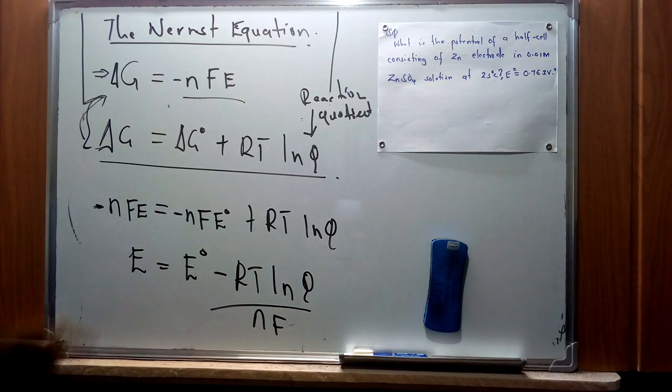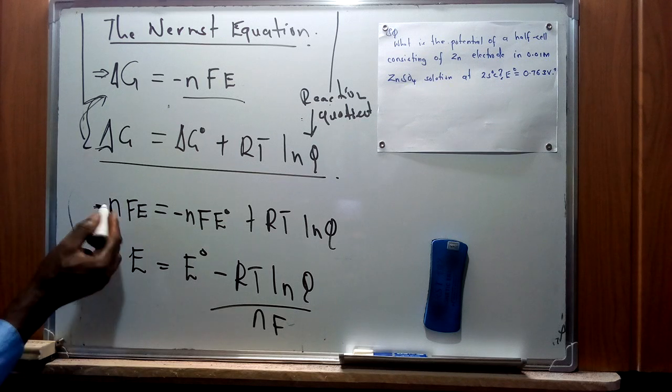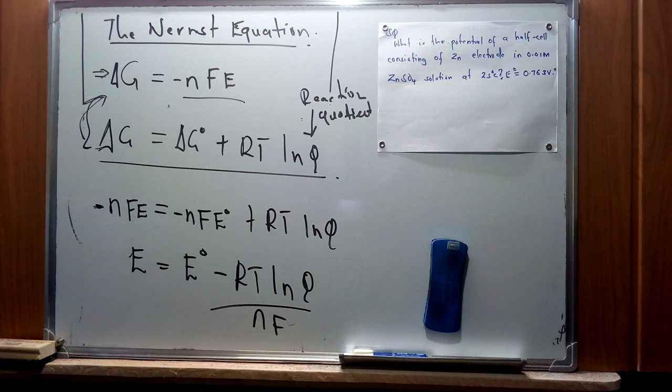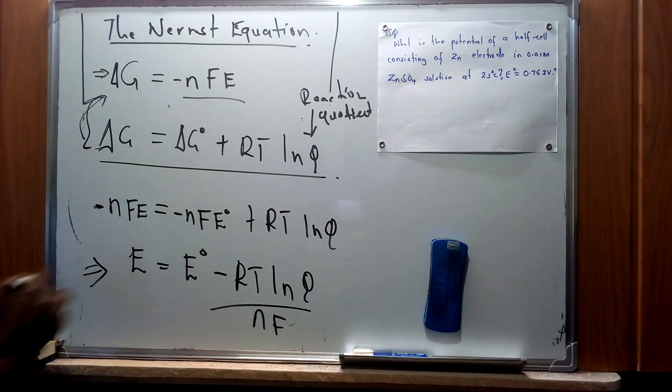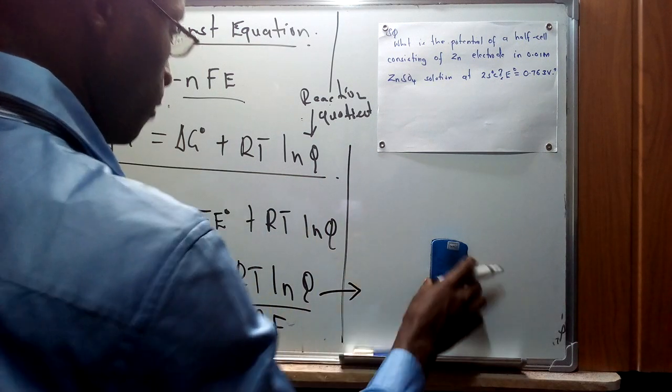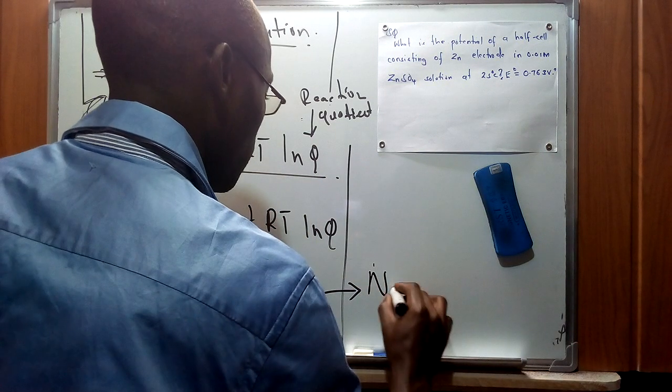So basically we have divided by negative nF all parts of the equation, and we have attained our final equation. Now this final form of the equation is what we refer to as the Nernst equation.